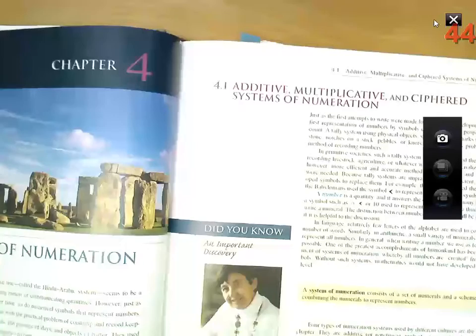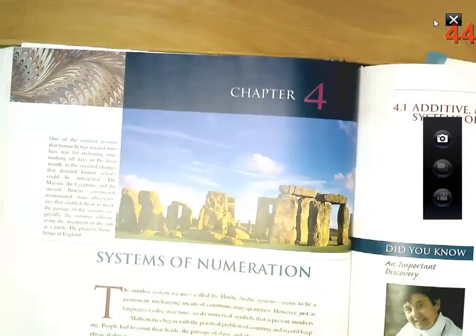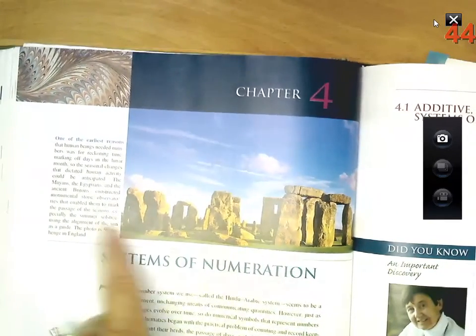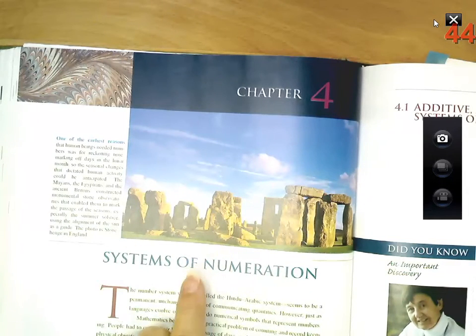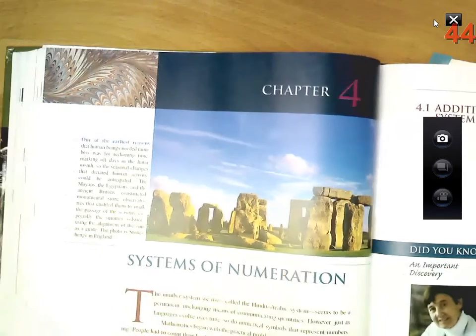Okay, and we're gonna take some notes on chapter 4, which is systems of numeration. There are a lot of interesting things about Mayans and Egyptians and people in Great Britain, Stonehenge, things like that.